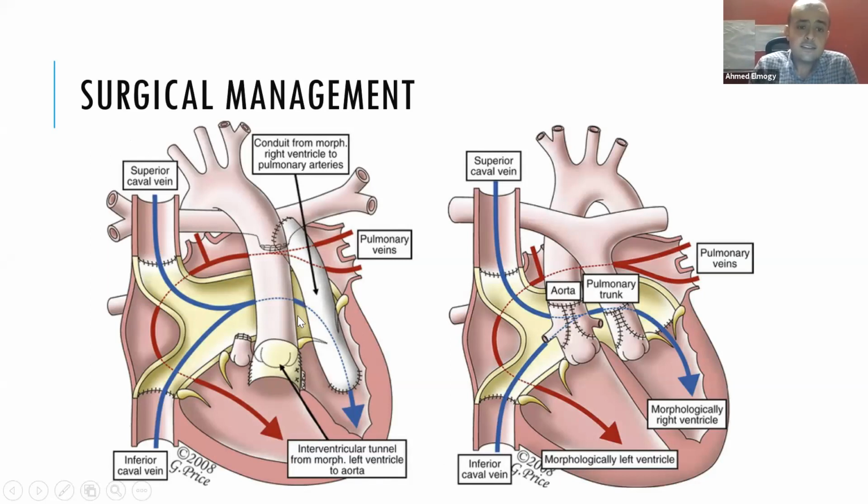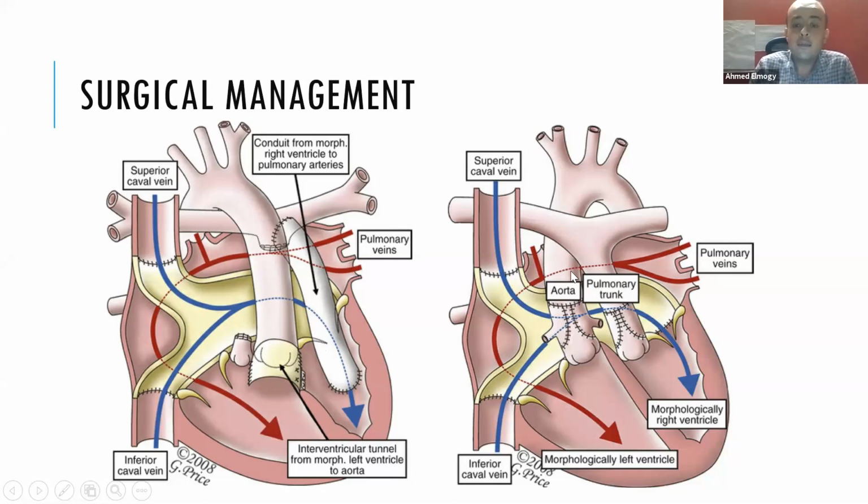This is a less lengthy procedure, of course, but it has its complications too, and it's more associated with heart block. And at the level of the atria, we baffle the systemic venous return, the superior vena cava and the inferior vena cava, into the morphologic right ventricle, and the pulmonary veins into the morphologic left ventricle.